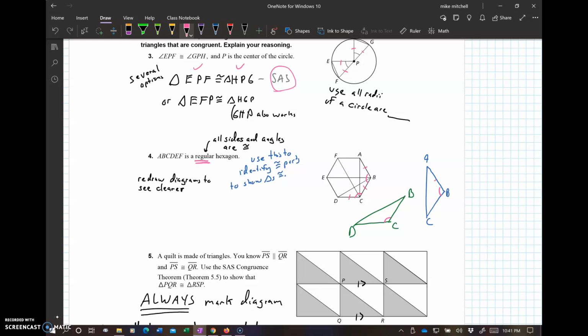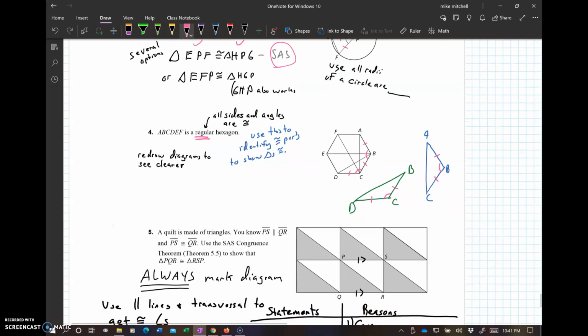All these sides are congruent. That would be these sides right here. All theirs are congruent. Notice you've got your SAS proof in there. I could get triangle AFC and DBE congruent. That's going to be a little bit more work in there.